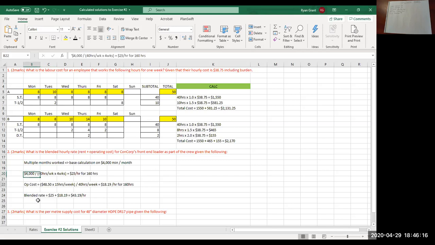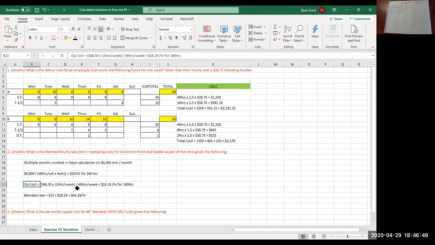The operating cost, the next one down here, we were given an hourly operating cost of $48.50. So we take that actual cost per hour to operate the machine and multiply that by the number of hours that the machine is working per week. So 48.50 times 15. We take that answer and divide it by the number of hours that the crew is working, so we're dividing by 40 hours per week.